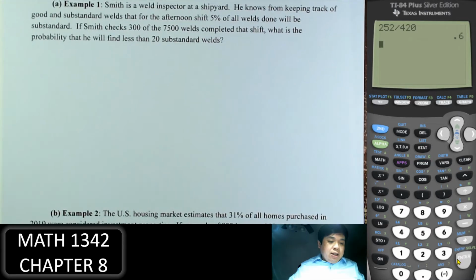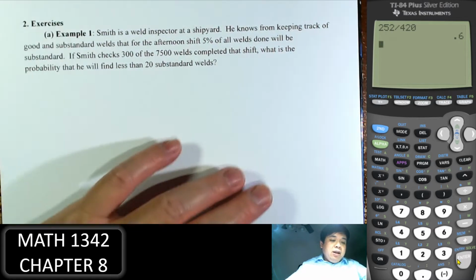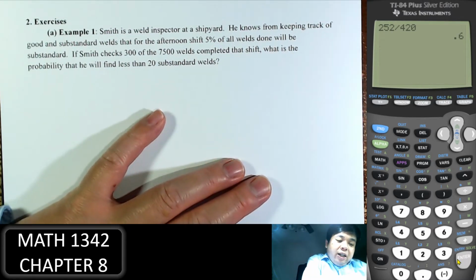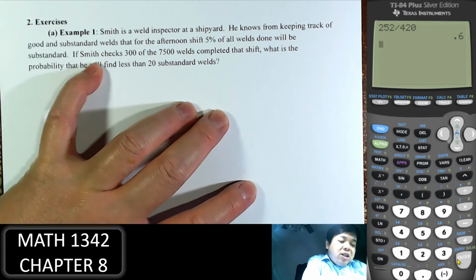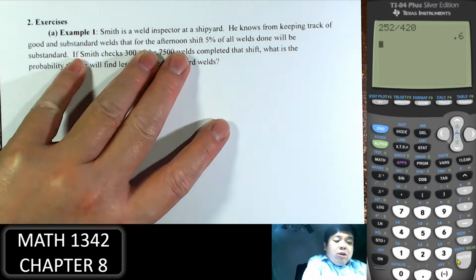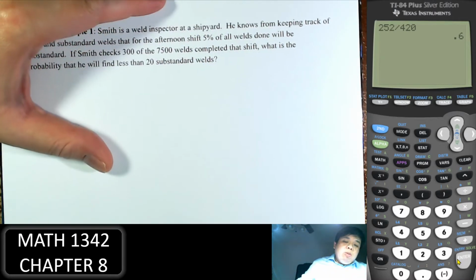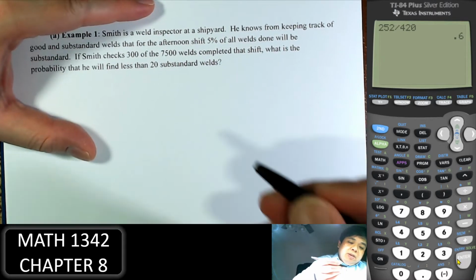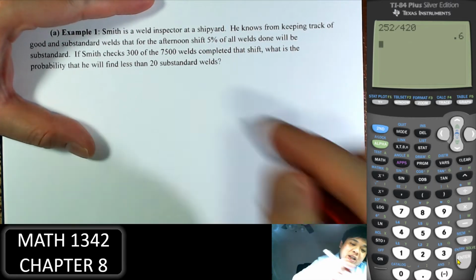Let's look at this example. Smith is a well inspector at the shipyard. He's been keeping track of good and substandard wells. From the afternoon shift, 5% of all wells will be substandard. So this 5% is for the population.